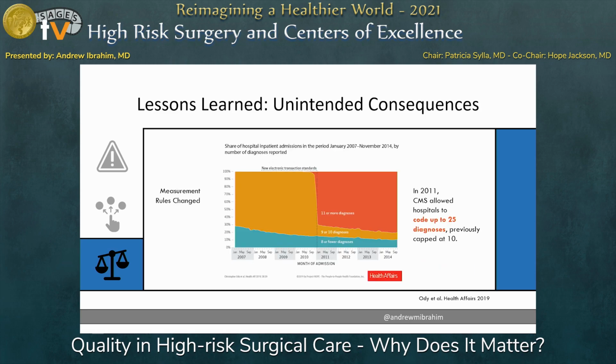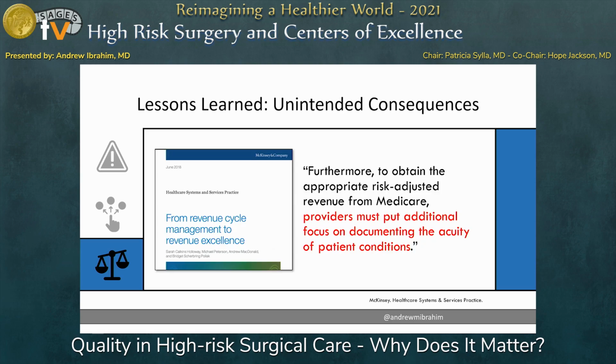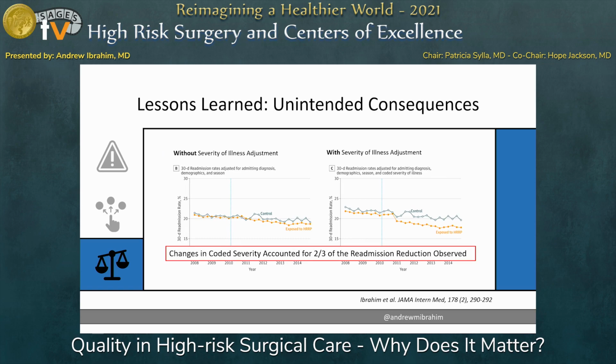Well, it turns out that's the same year that Medicare allowed coded comorbidities to move from 10 to 25 diagnoses. So what did every hospital do? Exactly what every consultant told them to do: accurately code the severity of illness for all your patients. And so when you put that together and evaluate the coded severity of patients and the drop in readmissions, we basically identified that two-thirds of the reduction in readmissions was actually just due to coded severity and not actually changes in quality.